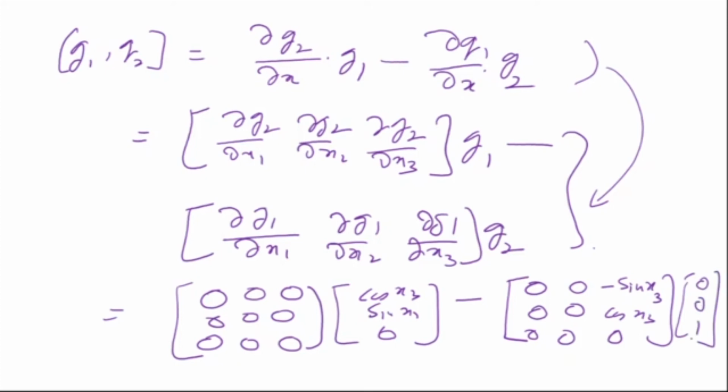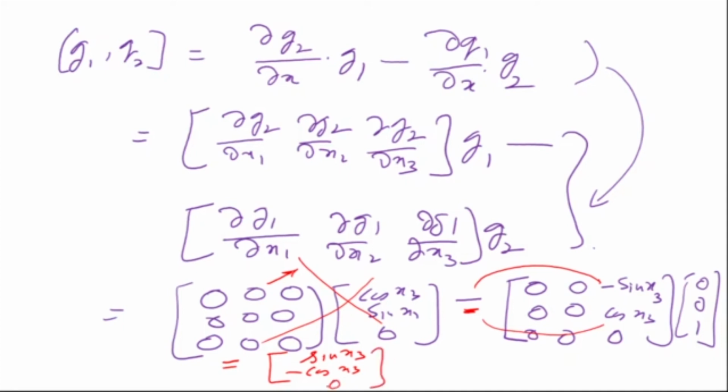So this term will fully become 0 because this matrix is fully 0. What we will be left with is sin x3 minus cos x3. There's a minus sign here, so minus and minus will make it plus, and this will become sin x3, minus cos x3, 0.